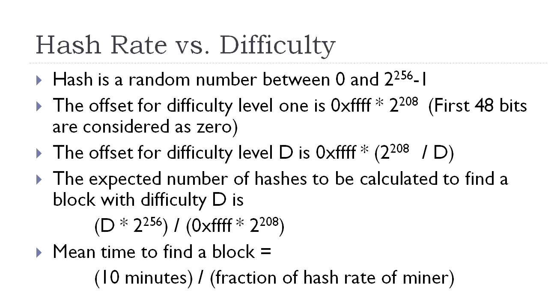Thereby it is providing great security, 2 power 256, that much security it is providing. So Bitcoin uses double SHA 256 hashing. So a hash is a random number between 0 and 2 power 256.